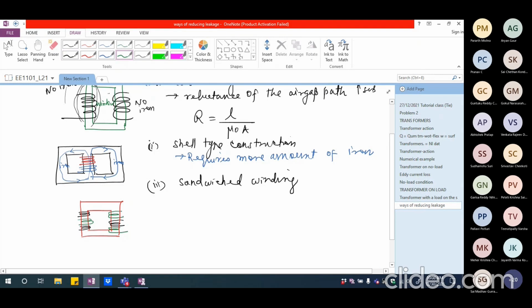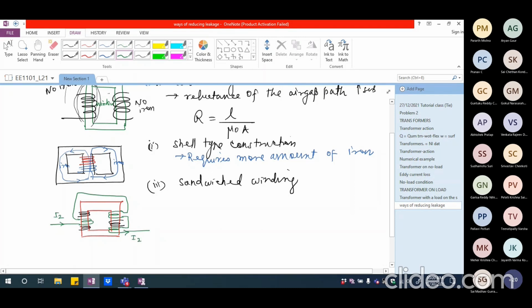Of course, you have to connect these two. This green and this green have to be connected, and maybe this green and this green have to be connected. And this is one terminal that has to be brought out, and this is another terminal that has been brought out. So this is the kind of construction I'm going to have if I2 is flowing through this, and I2 will get out of this.